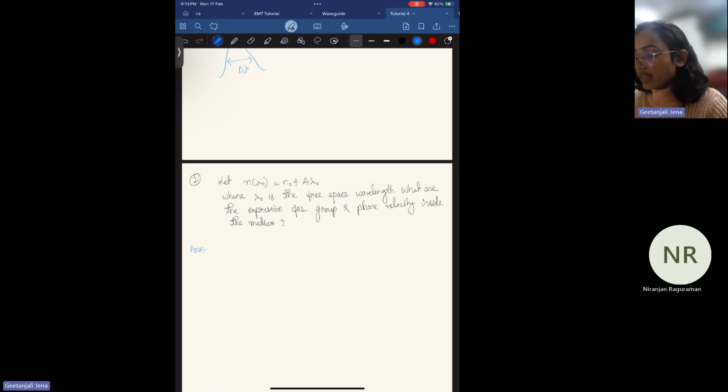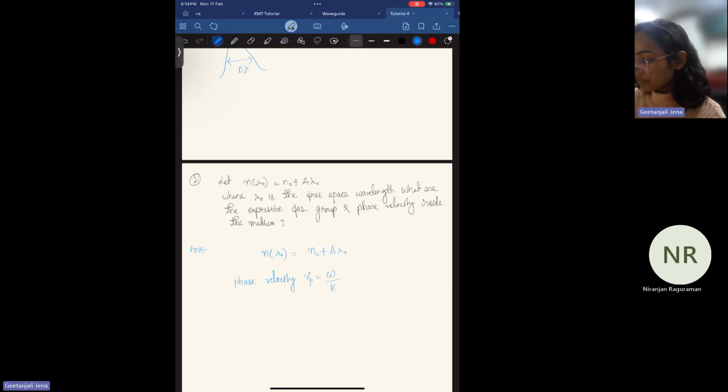The question is asking about what is the group and phase velocity inside the medium because of this refractive index profile. So we have n of lambda 0, where n0 is a constant, and a is also a constant. So recall the phase velocity Vp is given by omega by k.